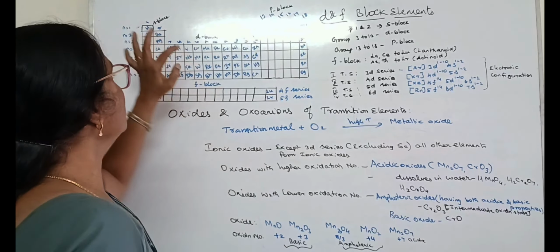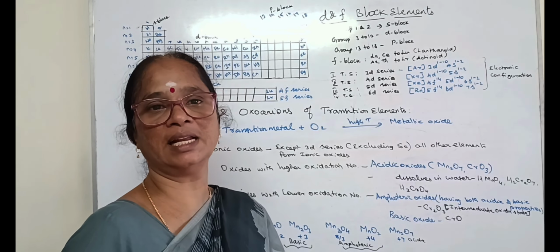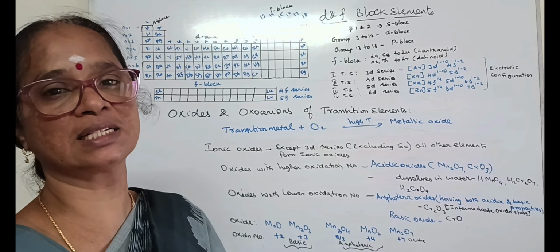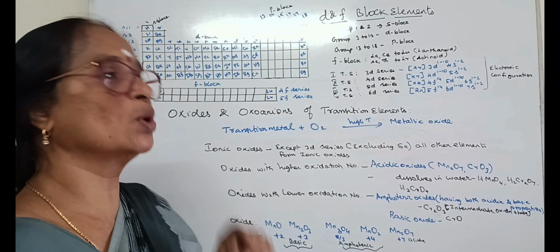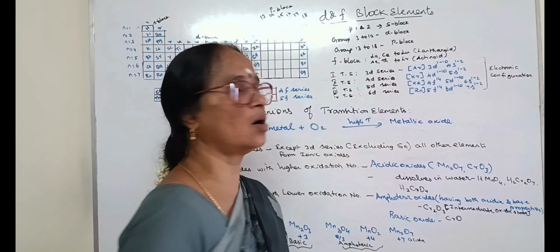If we consider only the 3d series, the highest oxidation number is +7 and the lowest possible is +2. So it depends on the different oxidation states of the metallic oxides.